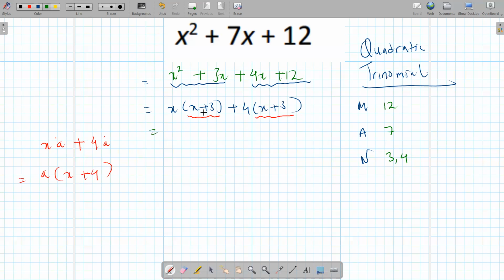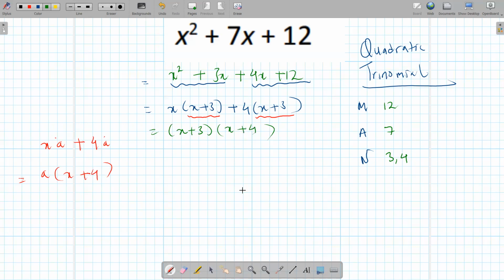Same idea here. Treat this bracket as an a. We're going to pull out the whole bracket, x plus 3, because they both have that in common. What are we left with? I'm a little confused.